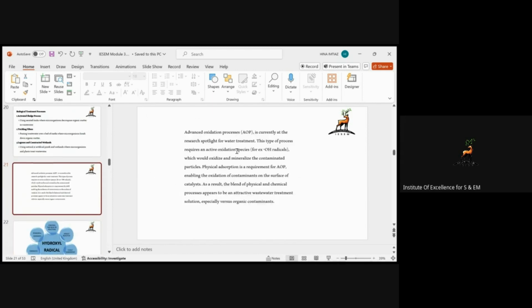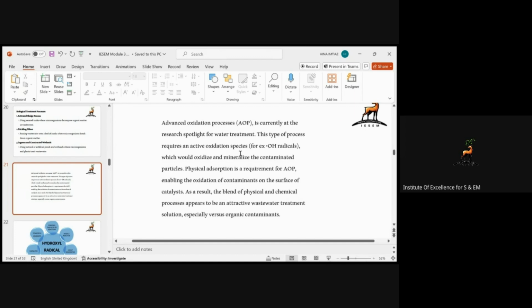Here is a very important, unique, and updated process which can be used in wastewater treatment. It is basically the advanced oxidation process.